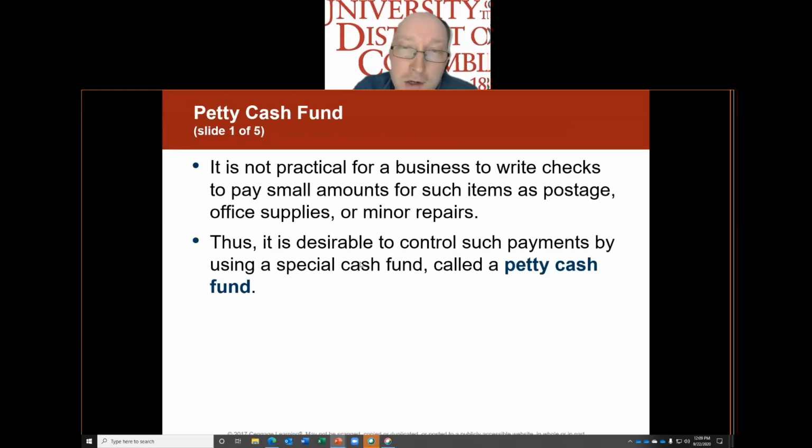Petty cash is something that, let's say you're working at a hotel at a front desk, and your hotel has a shuttle service to and from the airport. Your guest missed the shuttle service and took a cab to the airport. You might use petty cash out of your drawer to pay for that guest's cab fare.